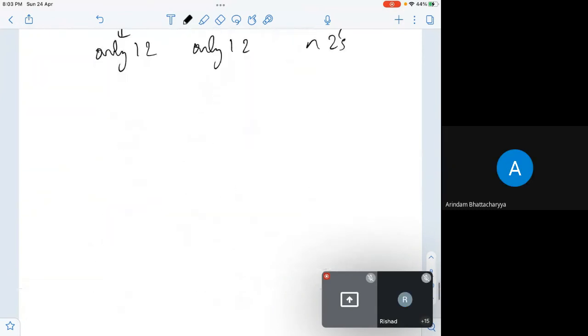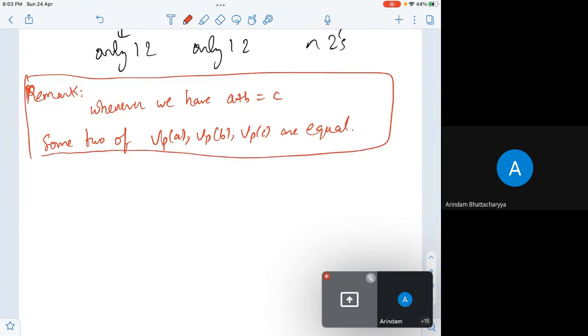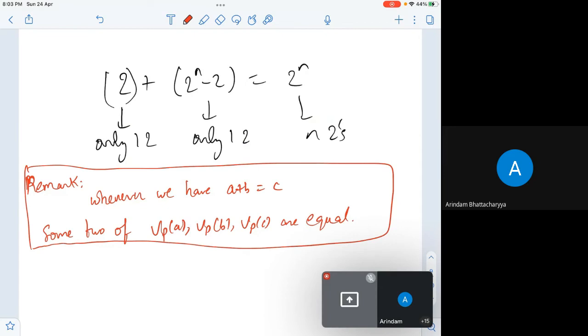Great. So I'll just give a remark. So if A and B have equal VP, then we are done.